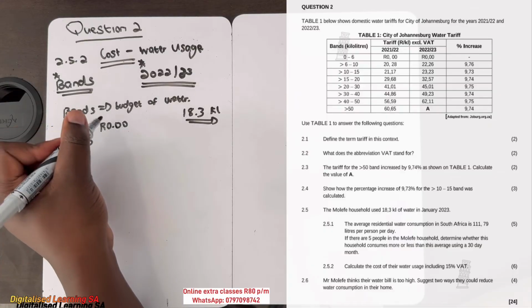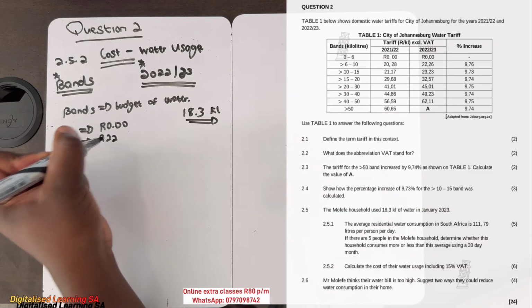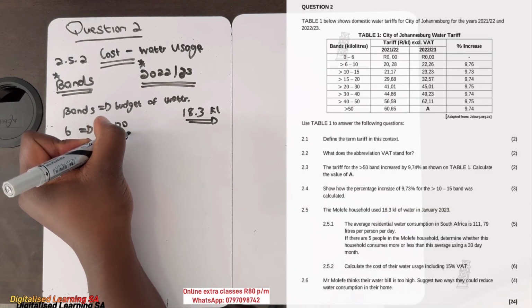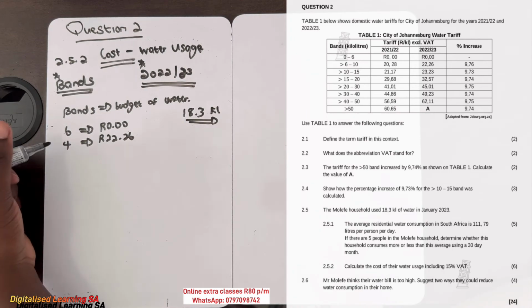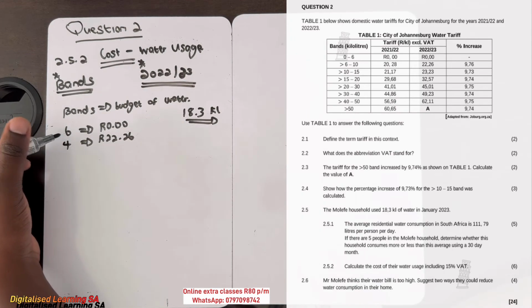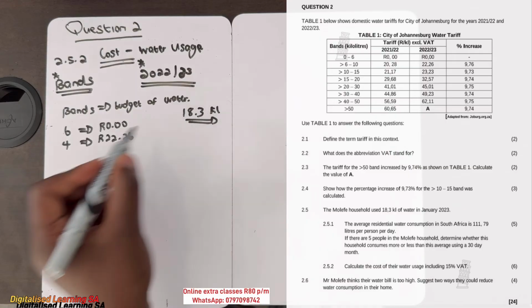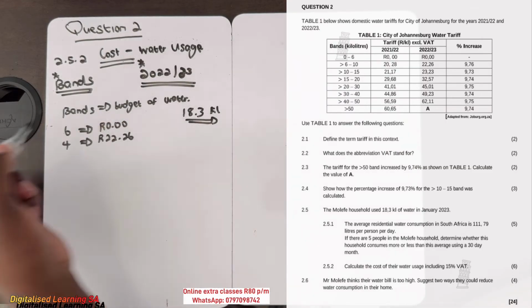So this cost 22.26. And then let's move forward. So now we have 10. We have used or calculated 10 from our 18.3.